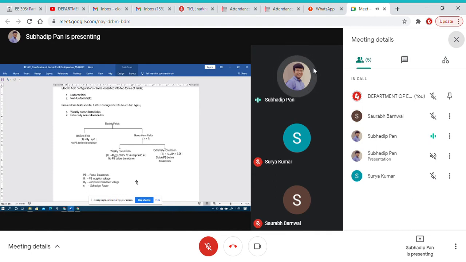I will tell you later what the partial breakdown is when we discuss the gaseous dielectrics. Right now you should know that the partial breakdown inception voltage will be defined in both fields, either the uniform field or the non-uniform field. In the non-uniform field, the partial breakdown will occur in the electric field on a regular basis, so the field must be defined.